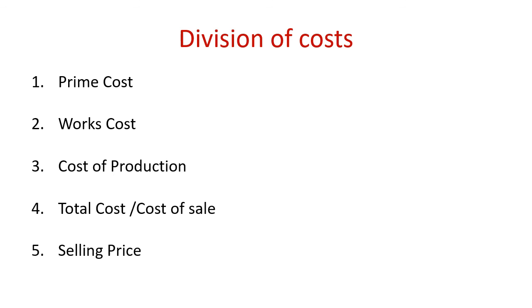Therefore, total cost is equal to cost of production plus selling and distribution overhead. Last division is selling price. Selling price is equal to total cost or cost of sales plus profit or minus loss.